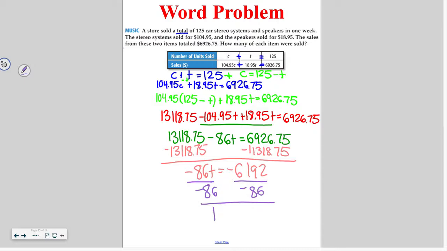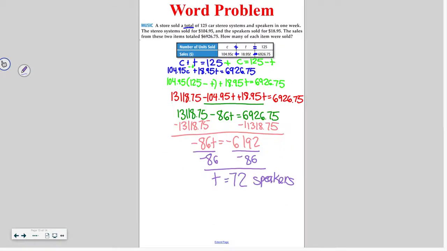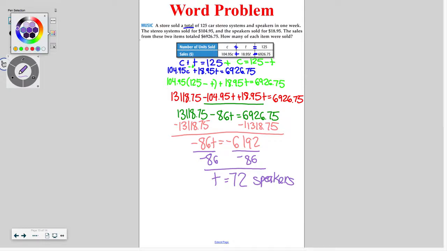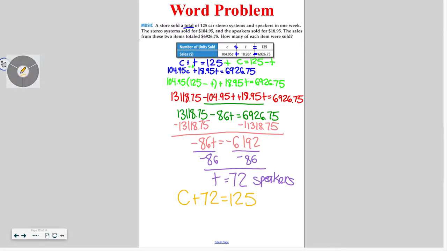And I get an answer of t is equal to 72, which means that we have 72 speakers that were sold. Now we need to go back in and solve for the stereos. It's going to be easier to plug back into the first equation. So I'm going to take that and say c plus 72 is equal to 125.